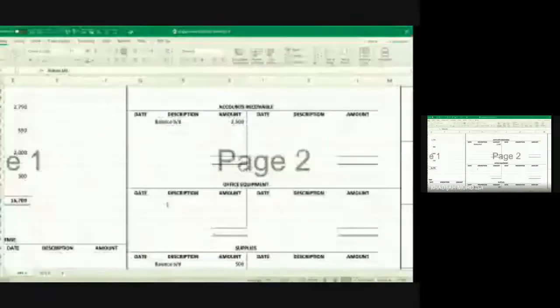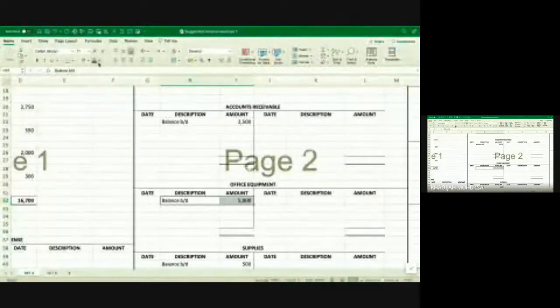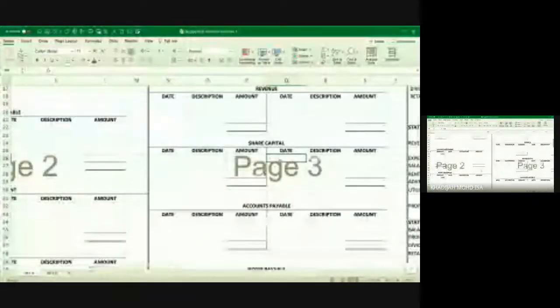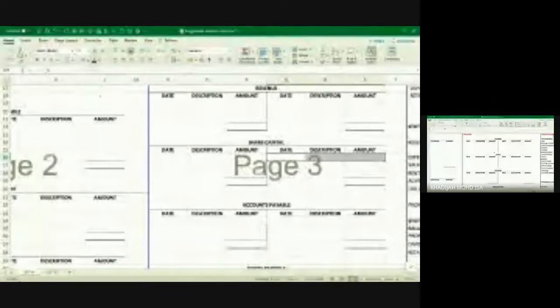Yes, we have office equipment of 1,000 opening balance. You don't have salaries, no utility, no revenue. I think you have a share capital opening balance of 6,500, and you have accounts payable, a credit balance.